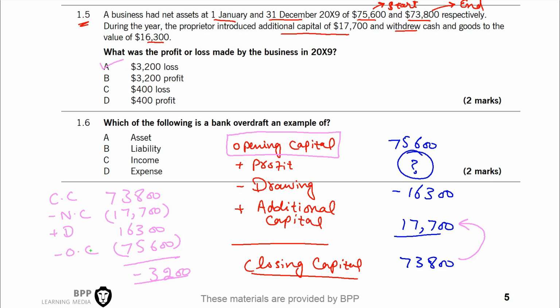And one more thing, it is the answer of our question number 2. For example, in order to calculate profit, we have to deduct new capital from closing capital, we have to add drawings to that amount, and finally we have to deduct our opening capital from this amount.